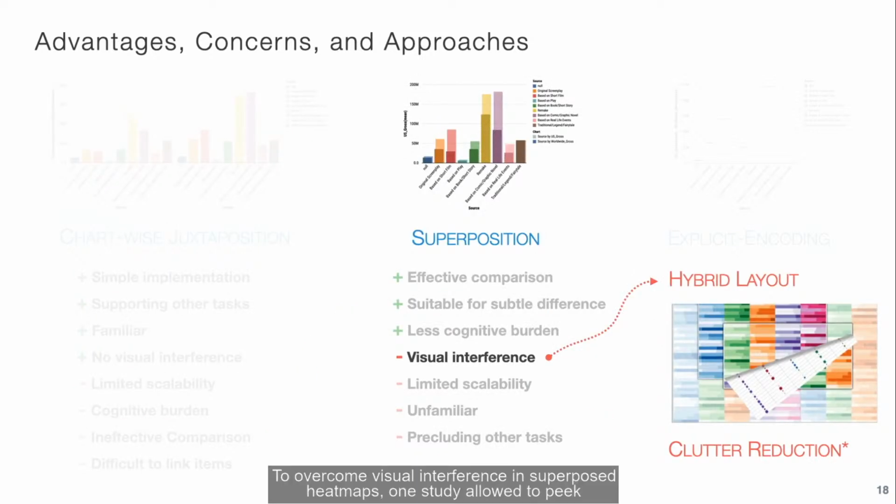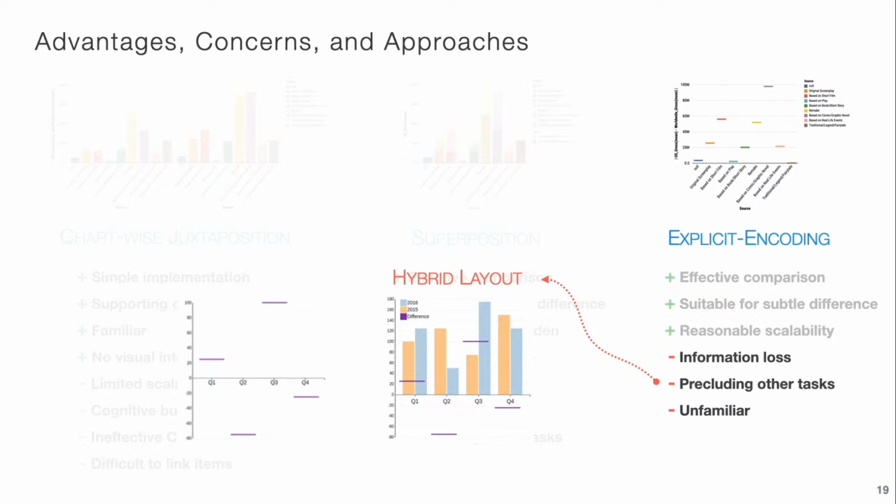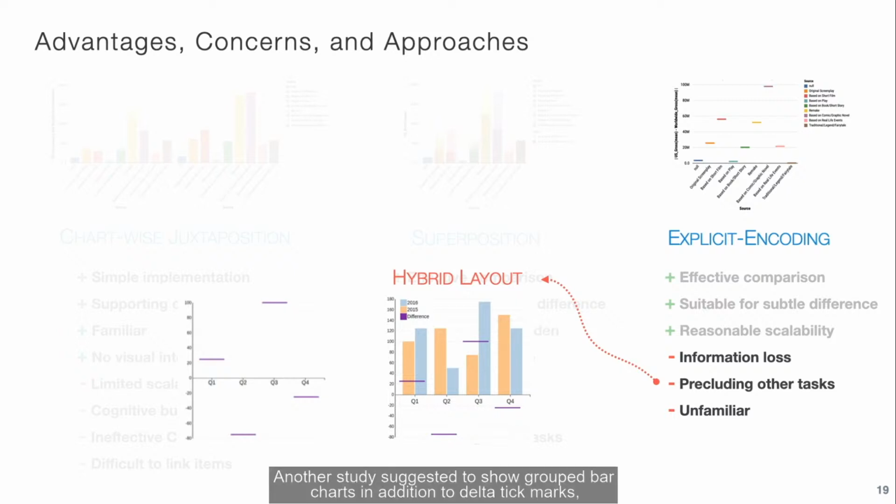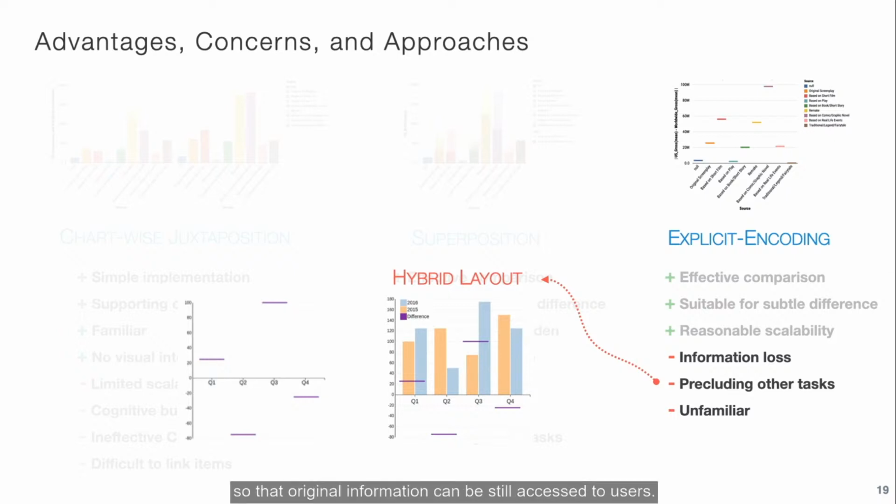To overcome visual interference in superposed heat maps, one study allowed users to pick a visual summary upon a paper-folding interaction. Another study suggested showing a grouped bar chart in addition to delta tick marks, so that original information can still be accessed by users.